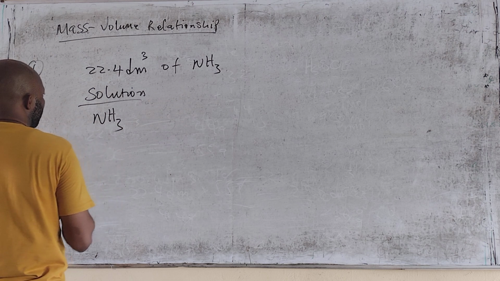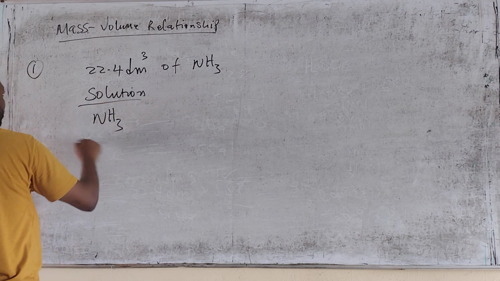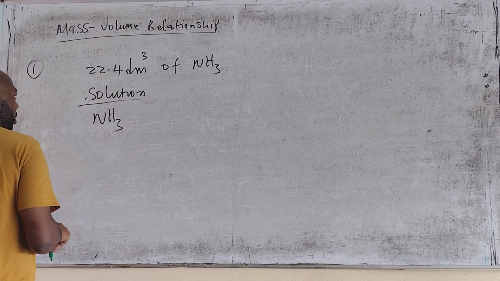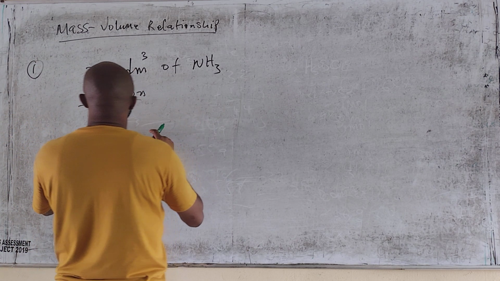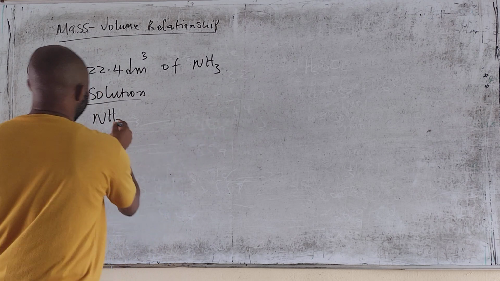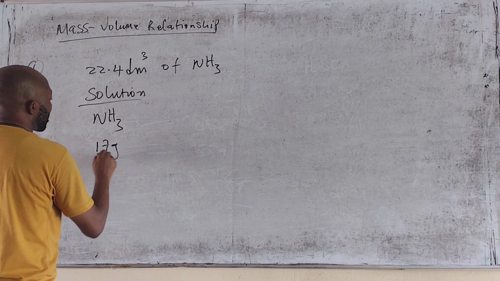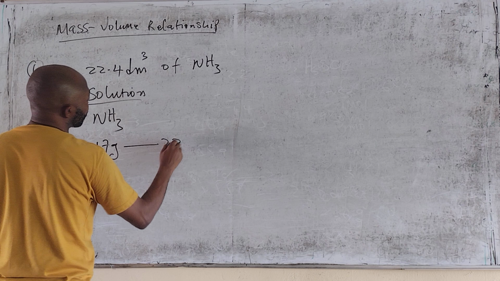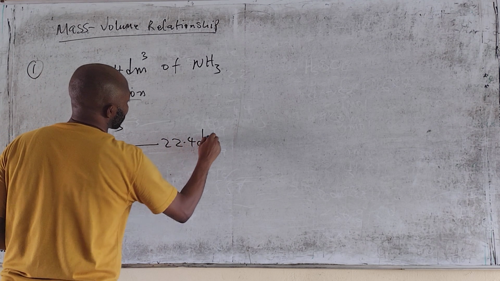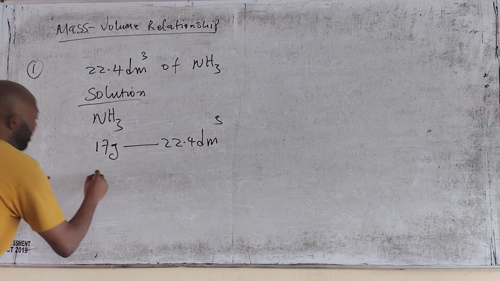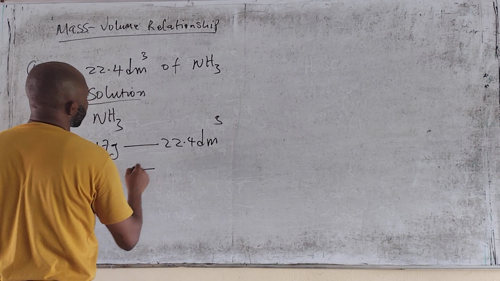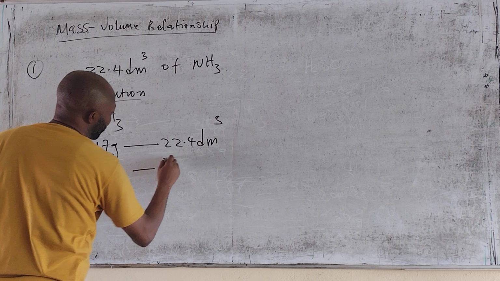NH3. For the mass, we have to know the relative molecular mass of this, which is nitrogen 14, 15, 16, 17. So I have 17 grams giving me 22.4 dm cube. So how many grams will give me 22.4?